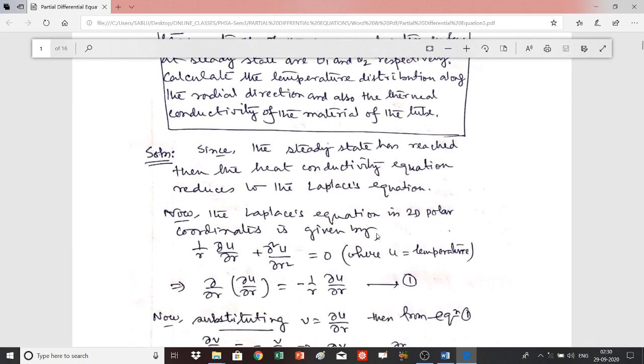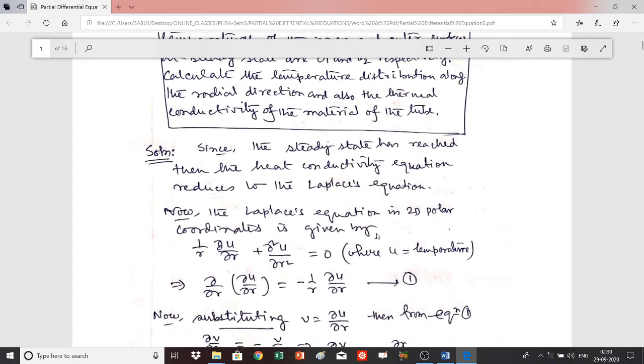Just go to our previous class and look at the heat conduction equation, and there if you write del u del t equal to 0, you will better understand that it gives you the Laplace equation in two dimensions.